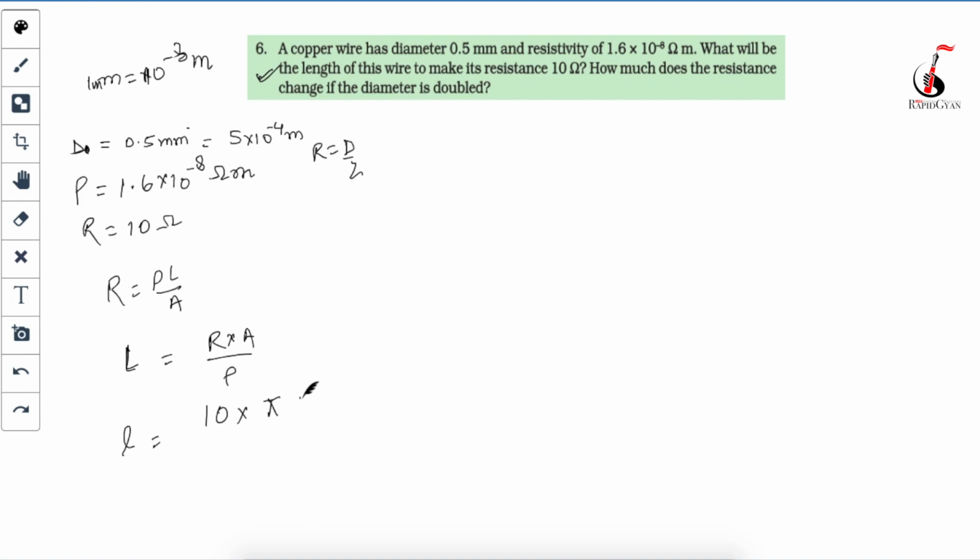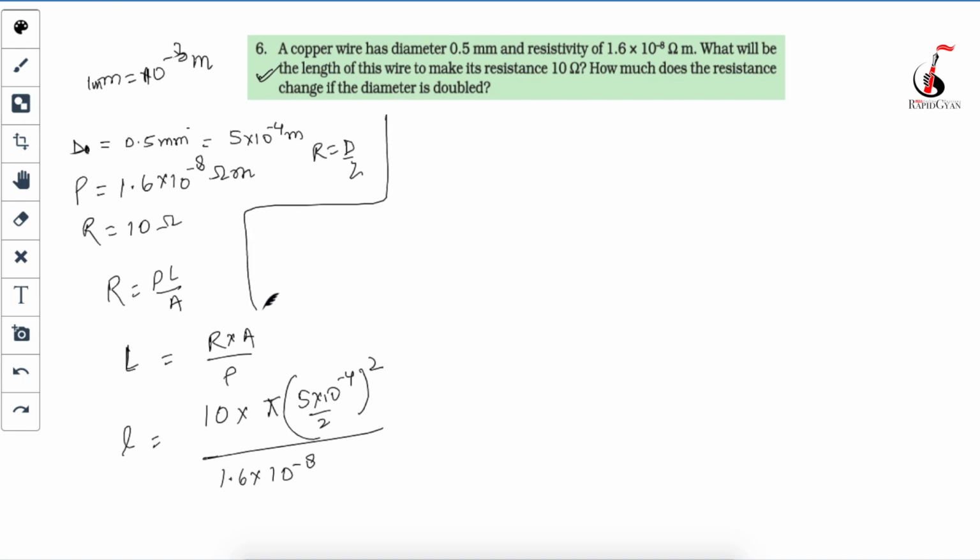So can I write over here: 5 into 10 to the power minus 4 upon 2 whole square, divided by your resistivity. Resistivity is 1.6 into 10 to the power minus 8 ohm meter. Okay, let's solve this further.